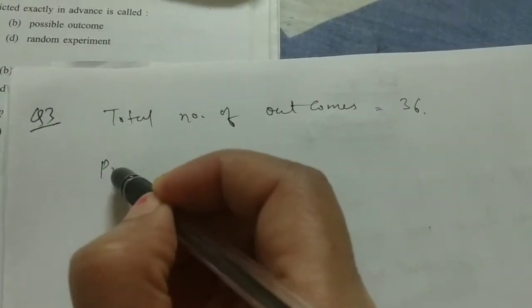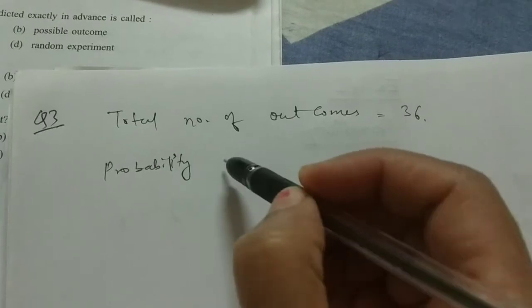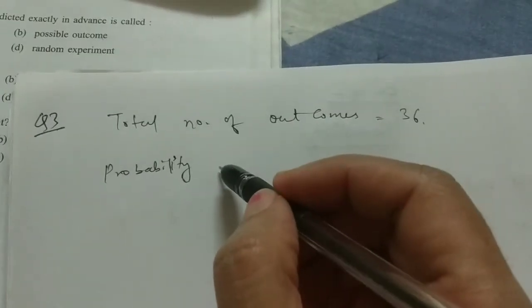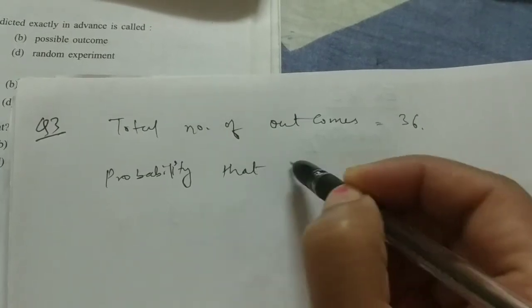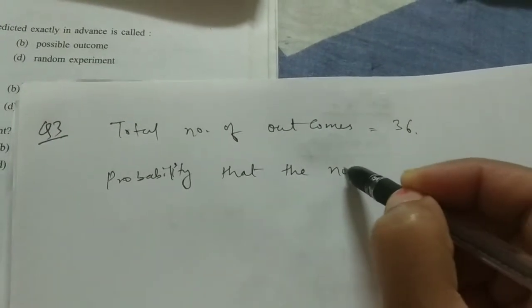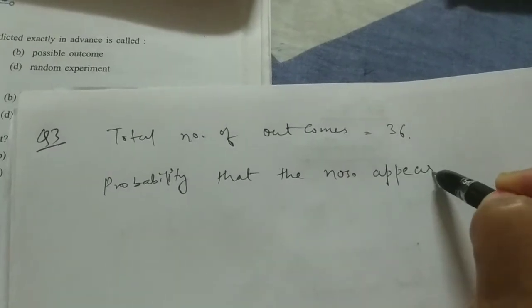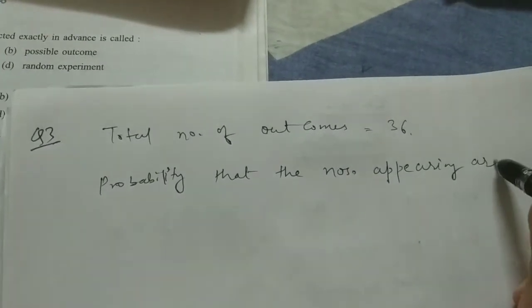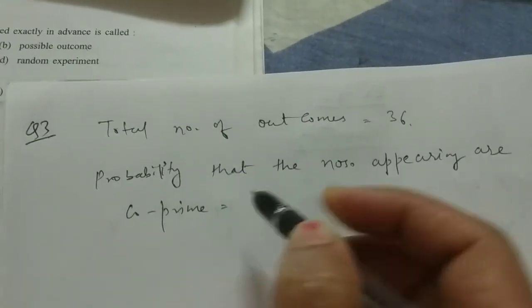So the probability that the numbers appearing are co-prime would be what?